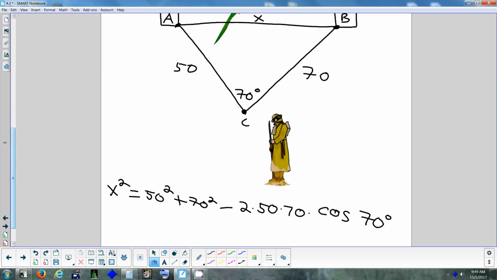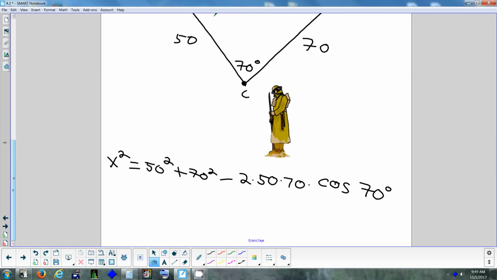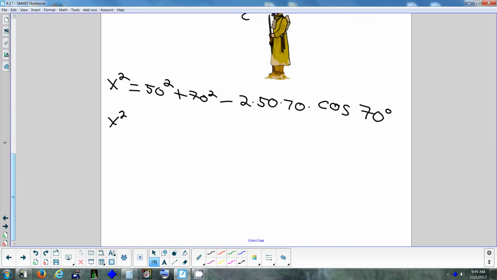And now that is more just arithmetic. You're not really solving an equation, except at the end you got to take a square root. But the variable is pretty much already by itself. All right, some of this I think we can do without a calculator. What's 50 squared? 2,500. And 70 squared? 4,900.